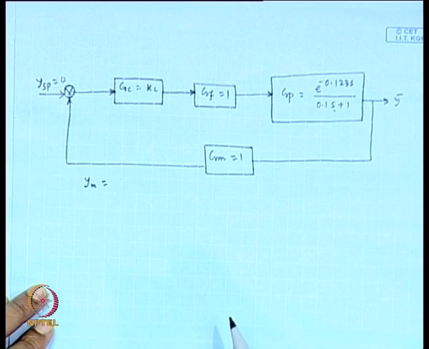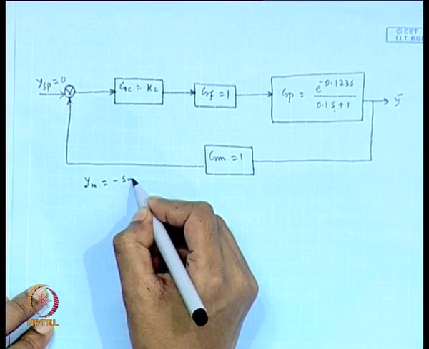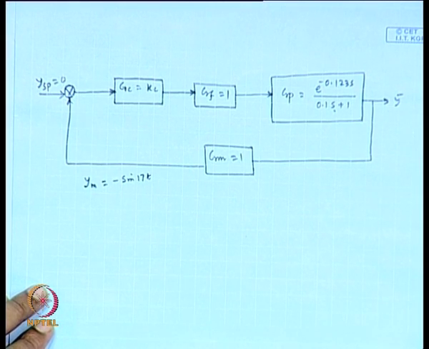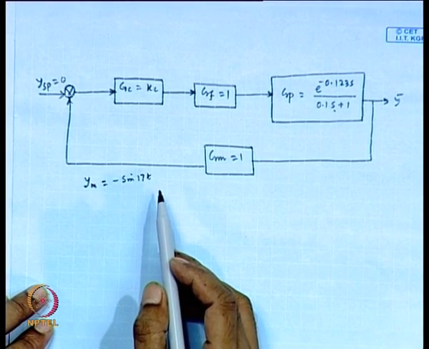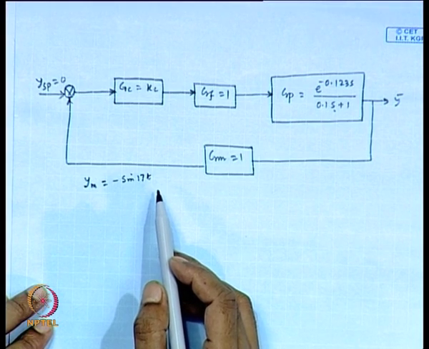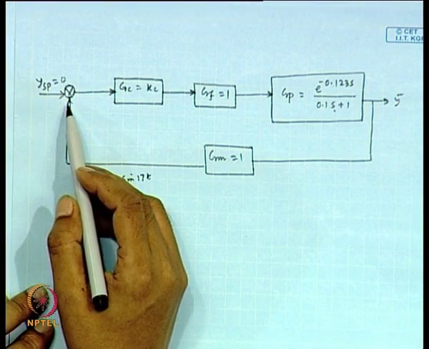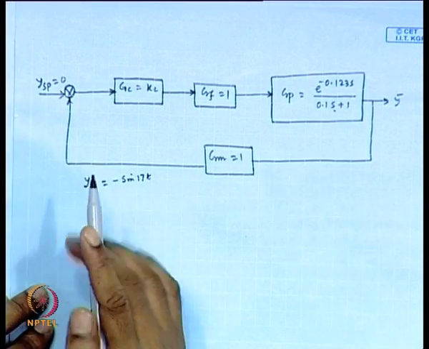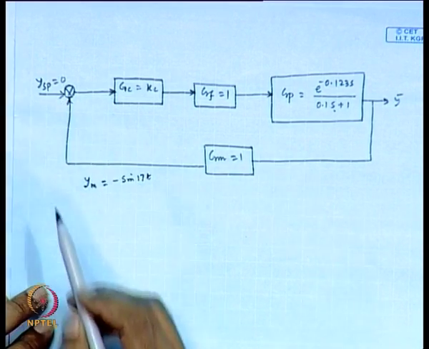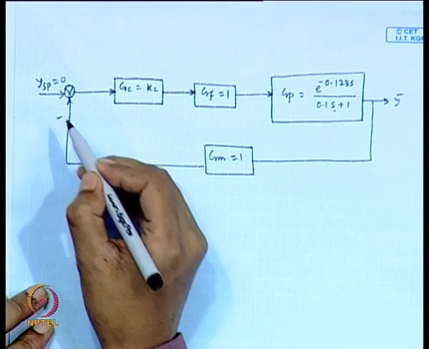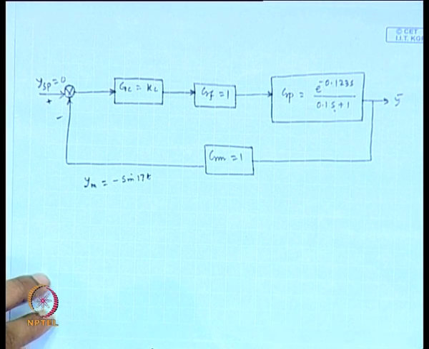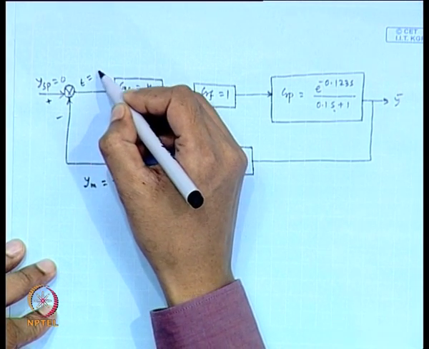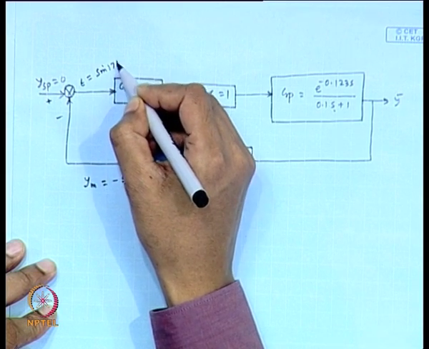The output signal was minus sin 17t. Fine. In the previous block diagram, the output was minus sin 17t and we are suddenly closing it, and at the same time we are not introducing any change in set point. So, this is negative, this is positive. How much will be the error now? Sin 17t.